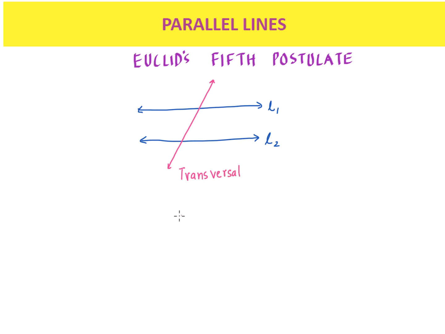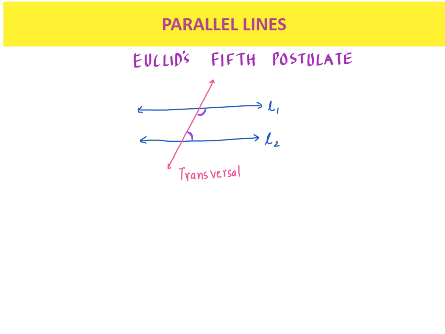And as you learn about parallel lines, you will see a lot about transversals. Now here is what Euclid says. He says that if these two angles add up to 180, which means that they are supplementary, then L1 and L2 must be parallel.